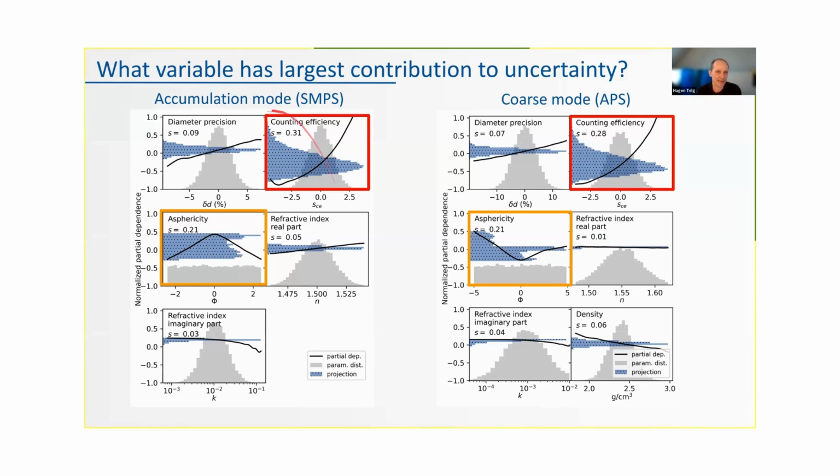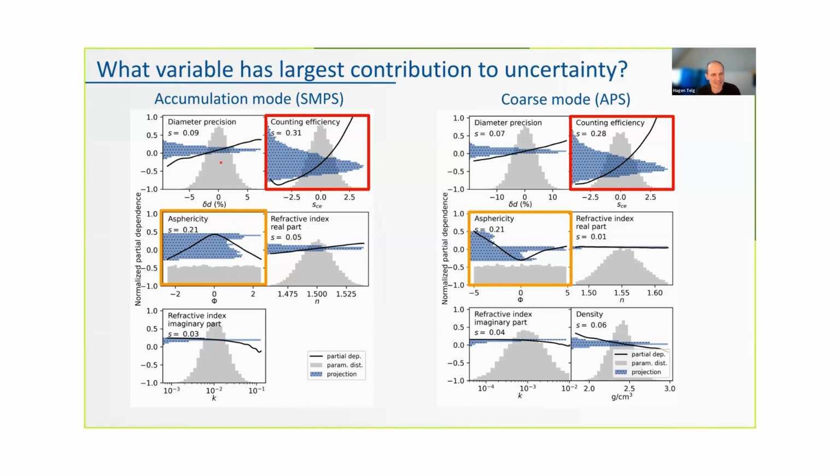And you will recognize all these plots here. Again, our parameter probability distributions in gray. And in addition, I now give in these blue lines our partial dependencies or our sensitivities. And the steeper those lines are, the more sensitive the overall uncertainty is to this parameter.